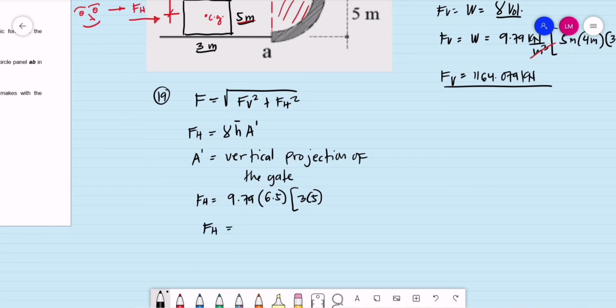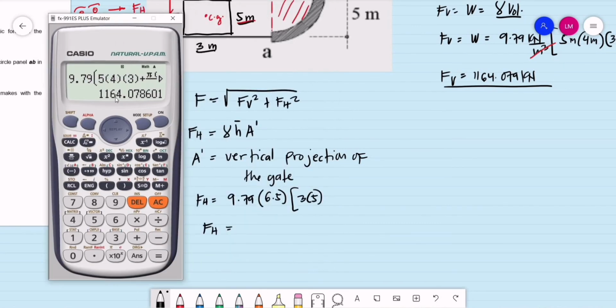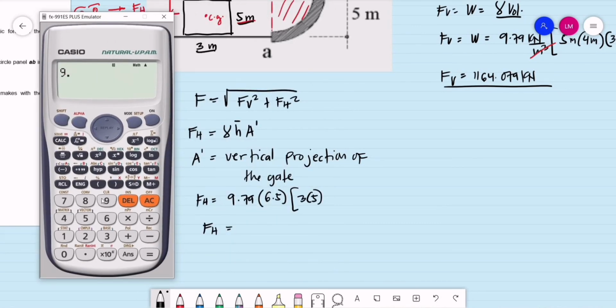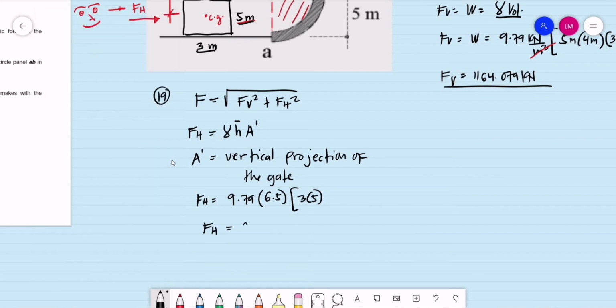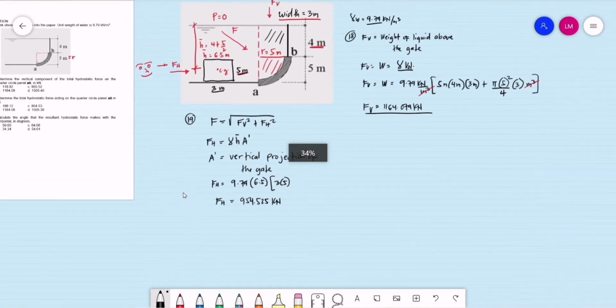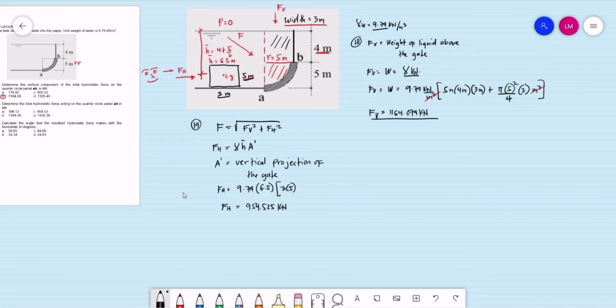So, F sub H equal to 9.79 times bar H, 6.5. Area prime natin is 3 meters by 5 meters. So, this is equal to 954.525 kilonewtons.